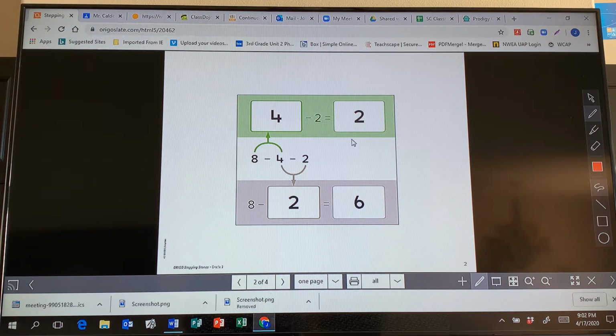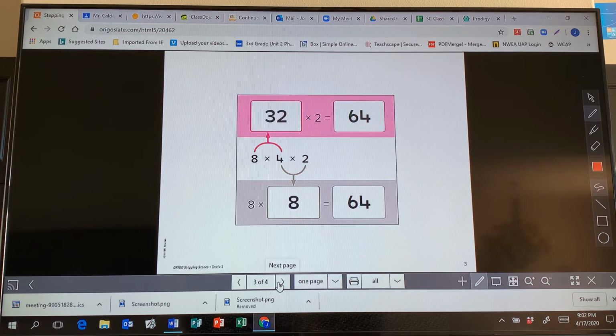All right? The reason being is that when we combine two parts together, we actually end up with a different answer. The result is shown here as 6, the final difference.